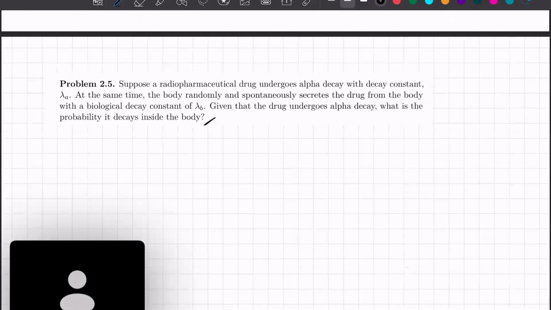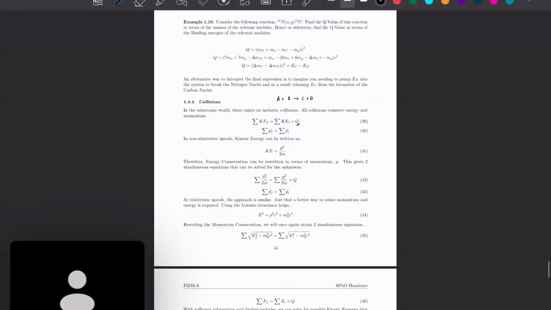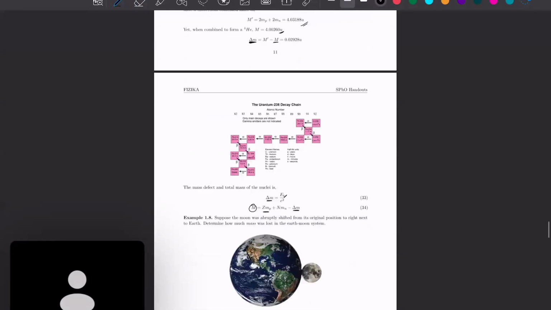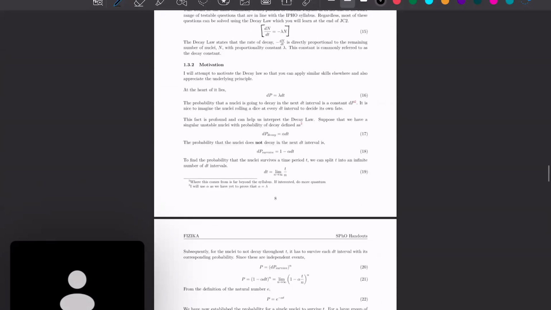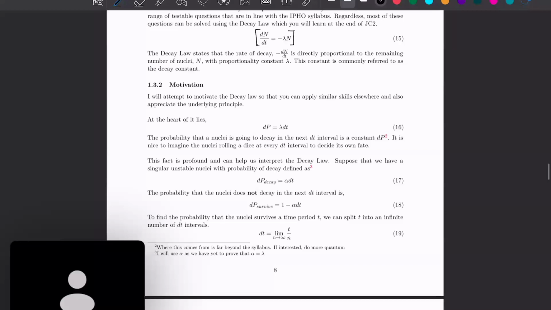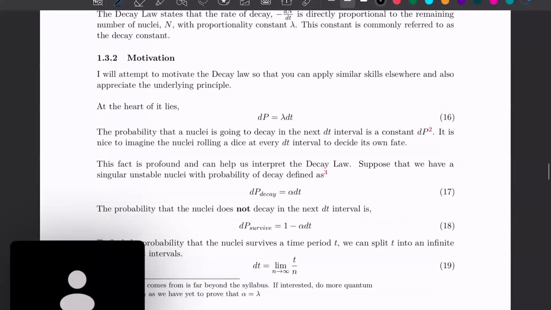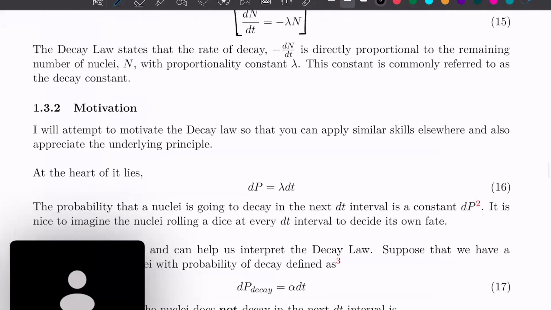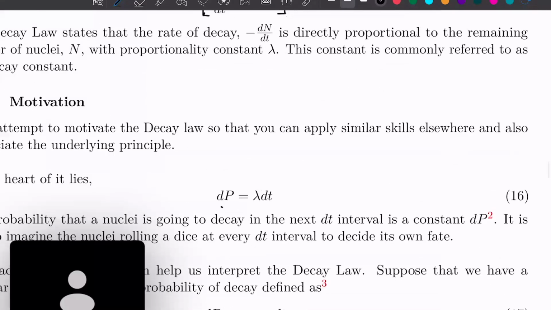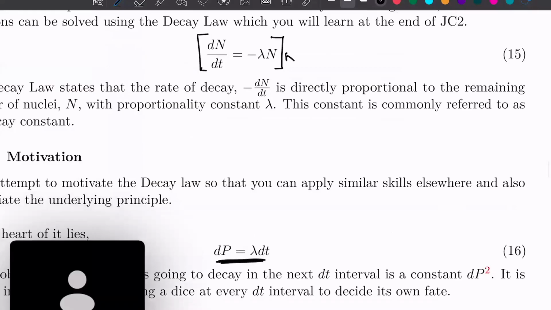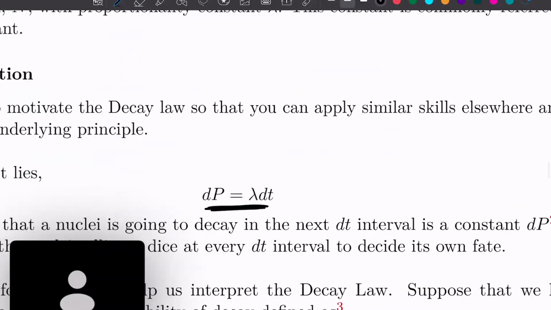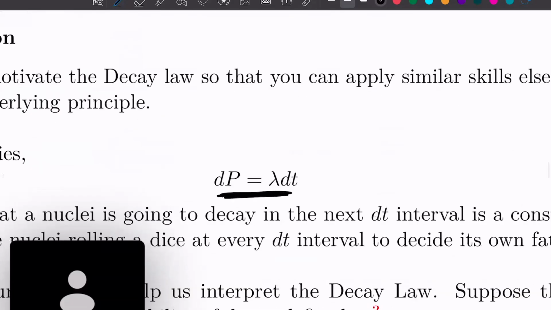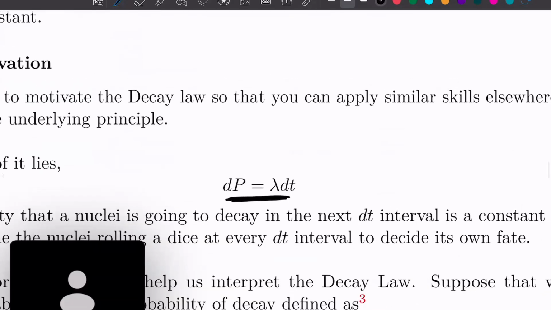So maybe I can briefly talk about the motivation behind the decay law, so that you can understand it also. The fundamental principle that you can use to derive your decay law is basically that the probability of decay is a constant.